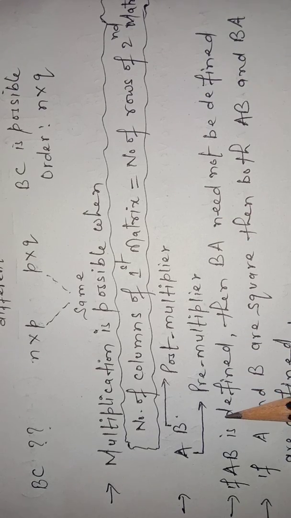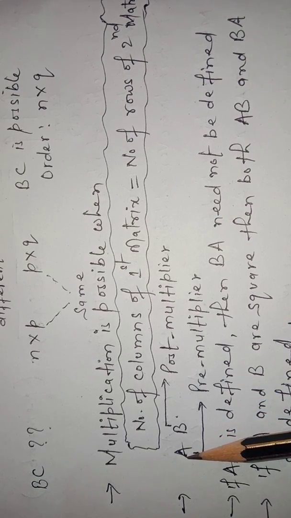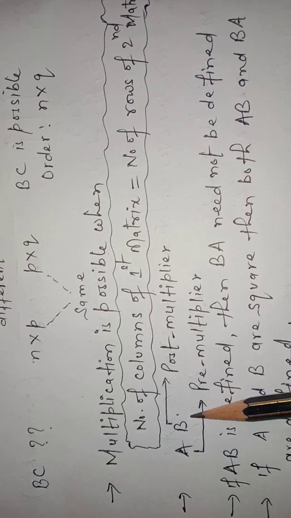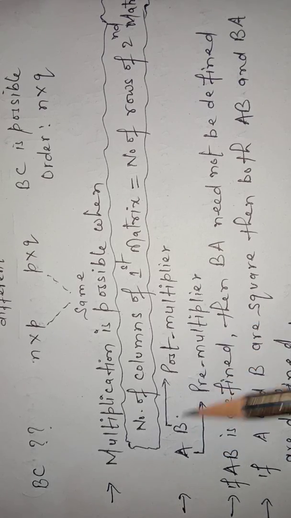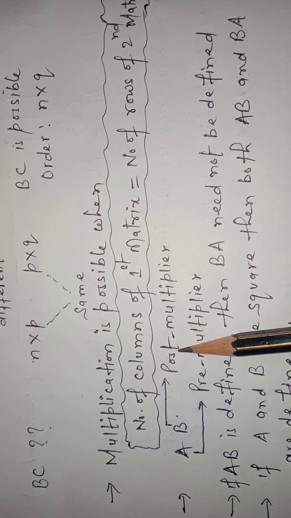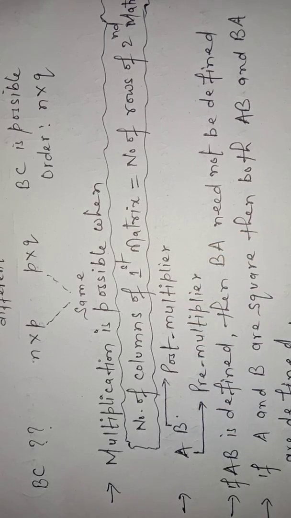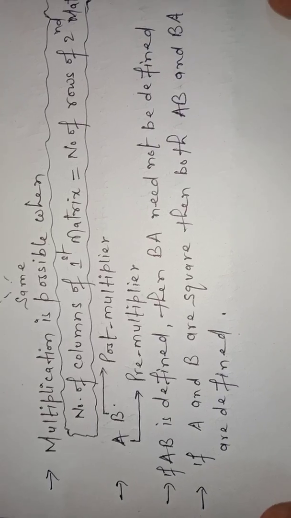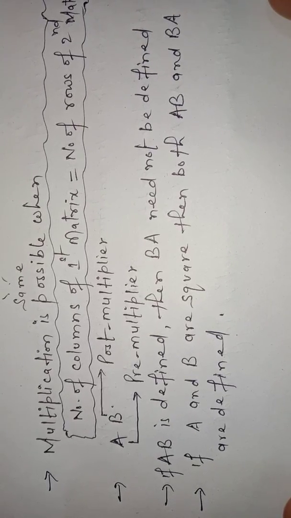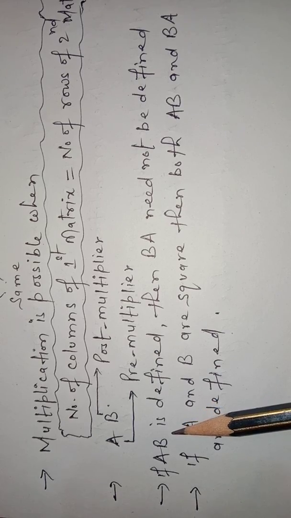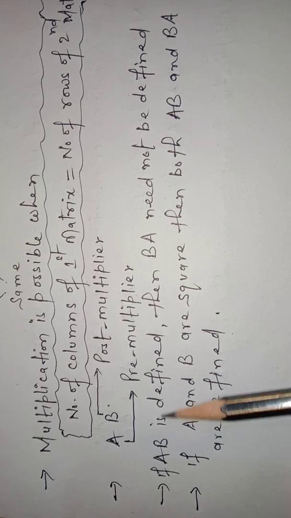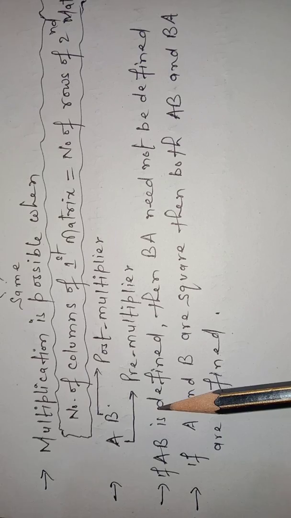Now one note here: suppose you are multiplying two matrices A and B. The first matrix is known as the pre-multiplier and the second matrix is the post-multiplier. One more thing about the product of matrices: when we multiply two real numbers, say 2 and 3, we can write 2 into 3, which is 6, or 3 into 2, again it is 6.